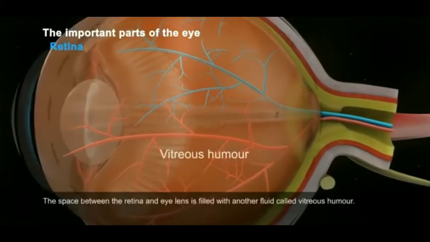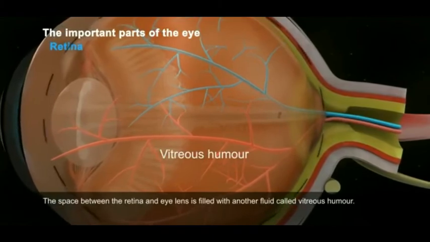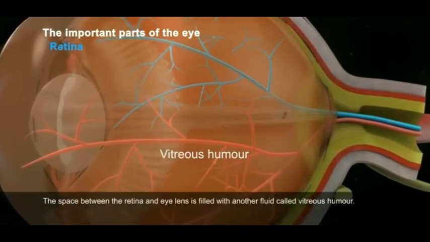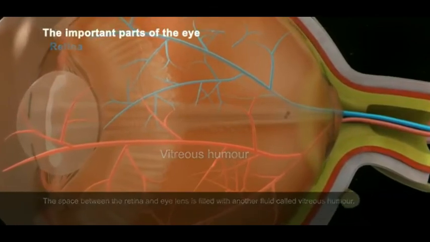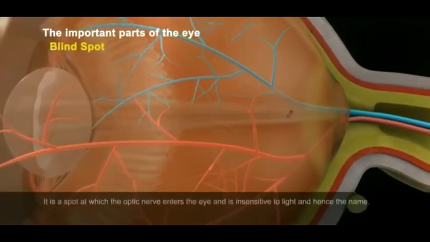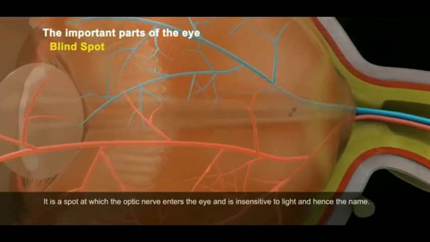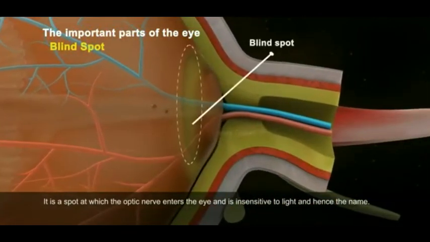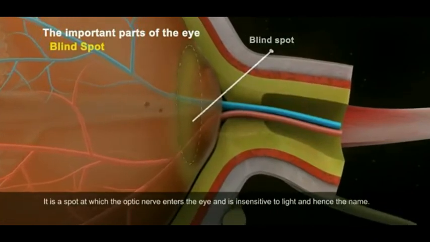The space between the retina and eye lens is filled with another fluid called vitreous humor. Blind spot. It is the spot at which the optic nerve enters the eye and is insensitive to light, and hence the name. Let us discuss accommodation of the eye and power of accommodation.